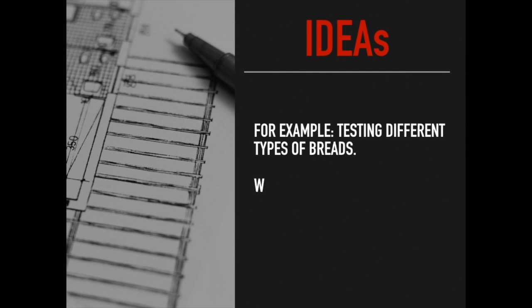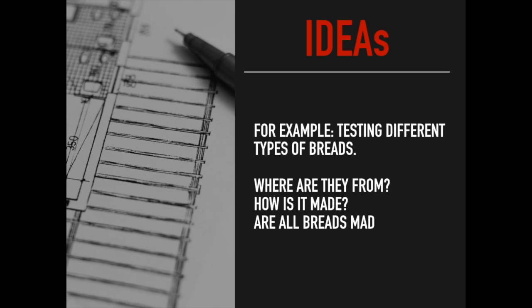For example, if your activity were to be making a sandwich for the Queen's Tea Party in cooking and nutrition, you could explore different types of bread and get the children to think of elements like where are they from, how is it made, are all breads made the same. Children should be given activities that enable them to compare and contrast existing products. This can develop children's analytical skills. This gets children to think of the wider context of their product before committing to an idea.